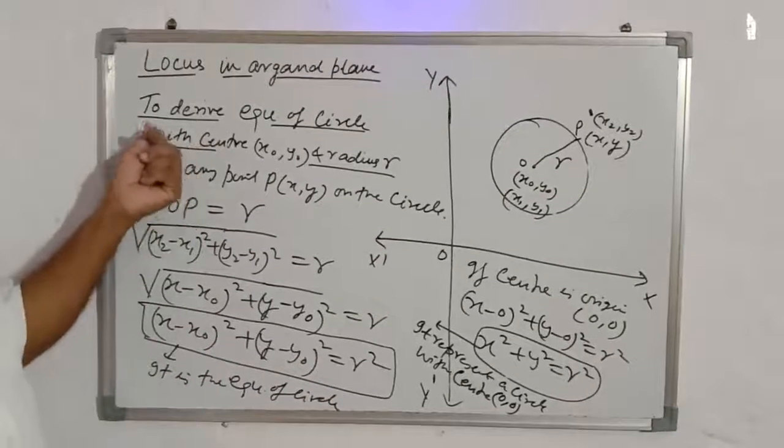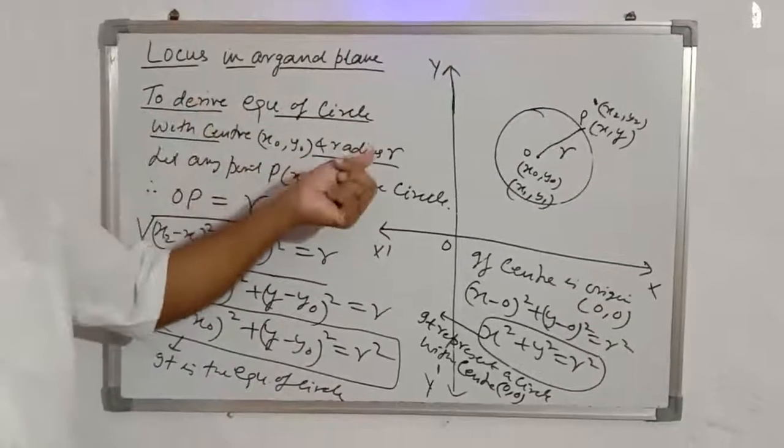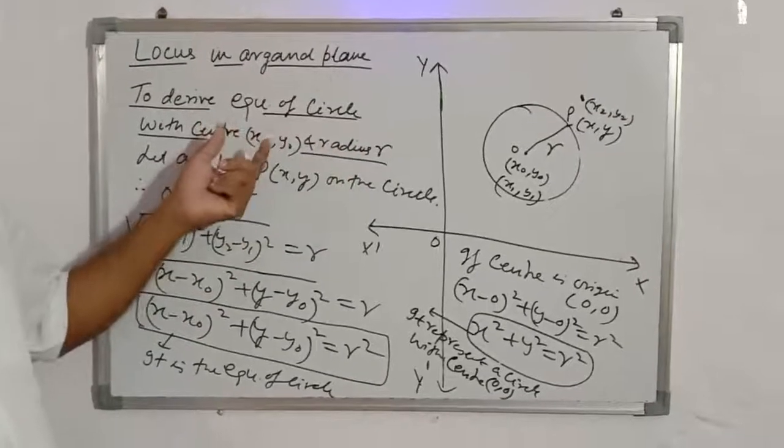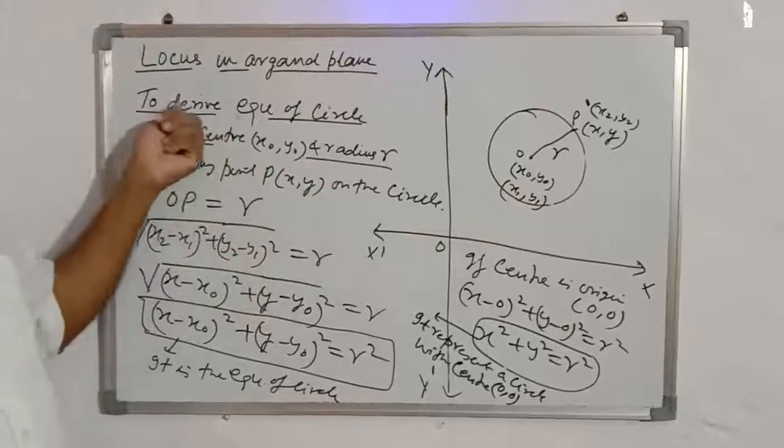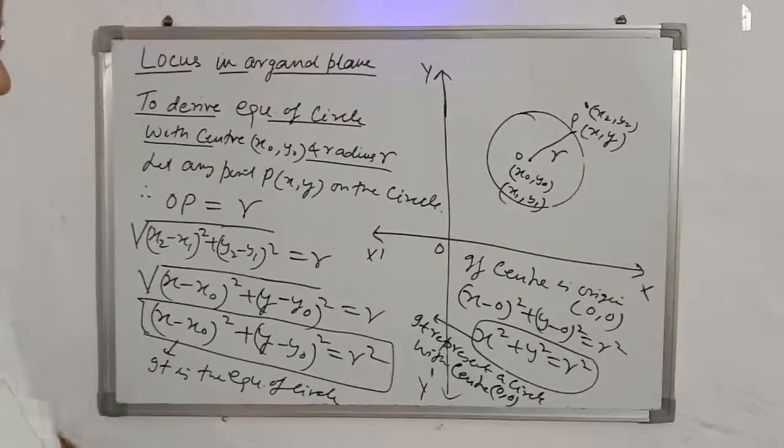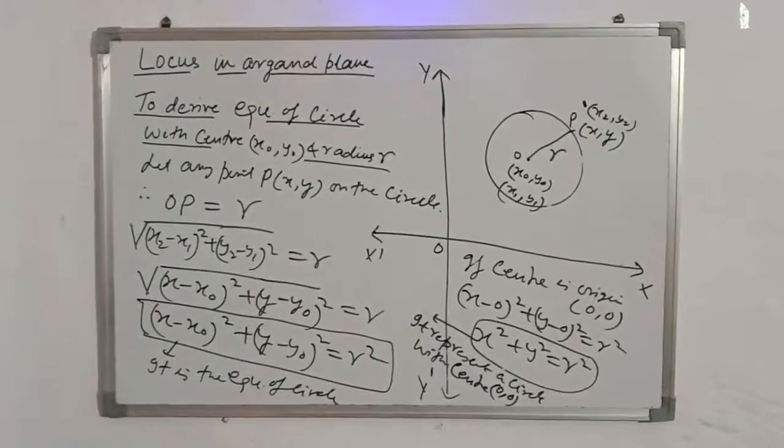What is the equation of the circle if the center is known? Now we will derive the complex equation of the circle. We are studying complex numbers. This plane is the Argand plane. So what is the complex equation of a circle?